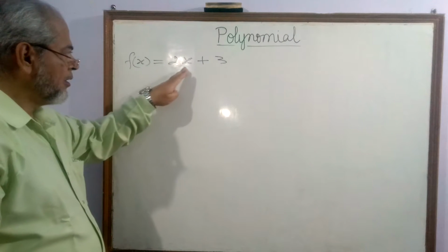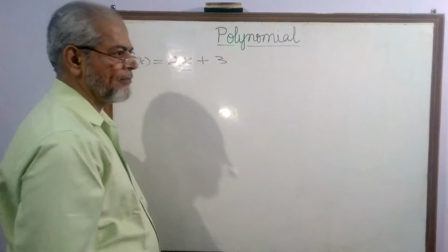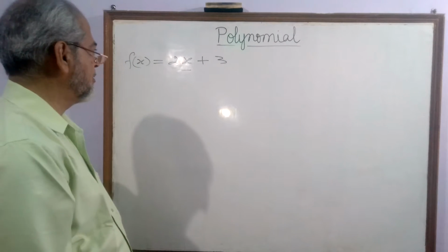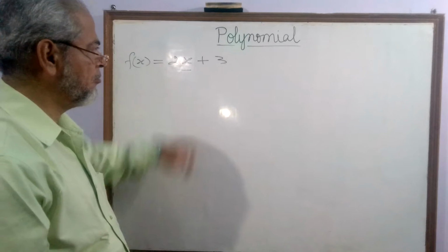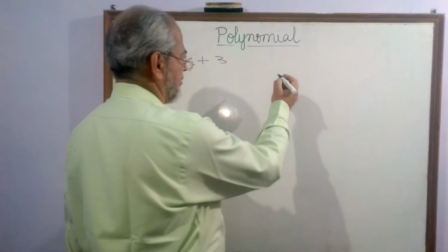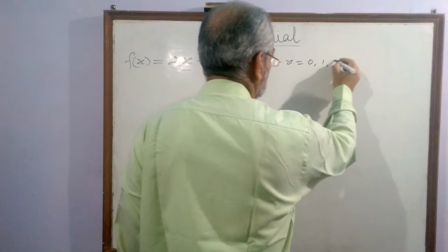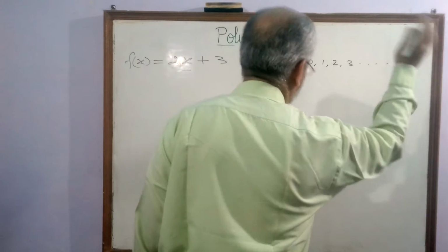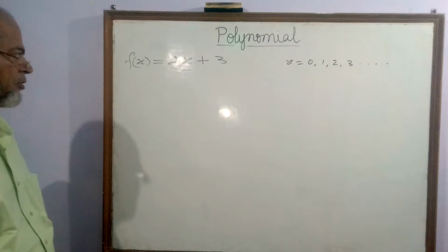So this variable, that is x, has many number of values which it can have. It can have x is equal to 0, 1, 2, 3 and so on. It may have infinite number of values.